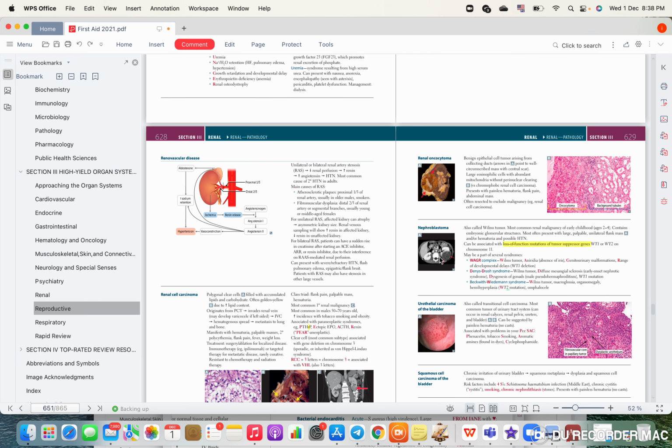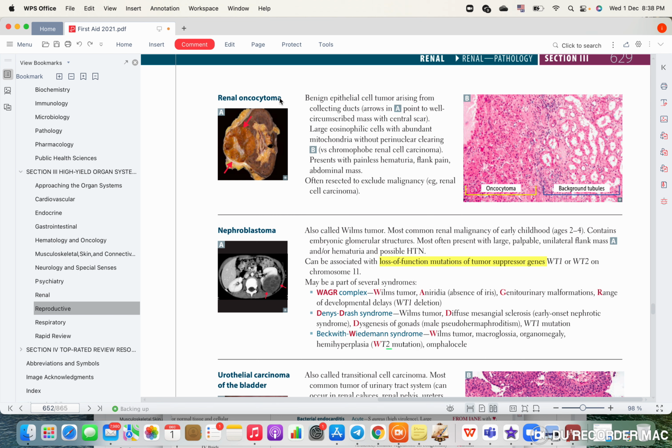Okay, so you know that renal oncocytoma looks like Harry Potter. Why? That's the scar in the middle. Is it benign or malignant? It's benign. Harry Potter is benign.